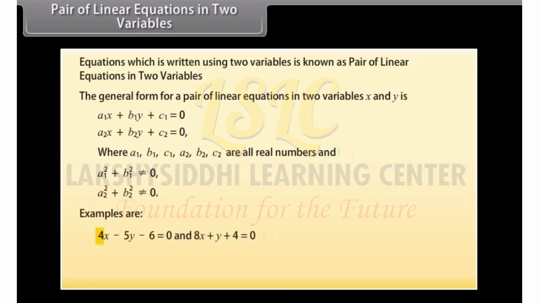Examples are 4x − 5y − 6 = 0 and 8x + y + 4 = 0; x + y = 12 and 7 = y.